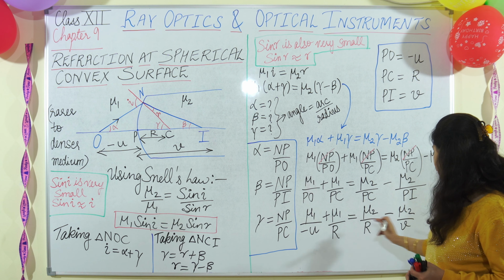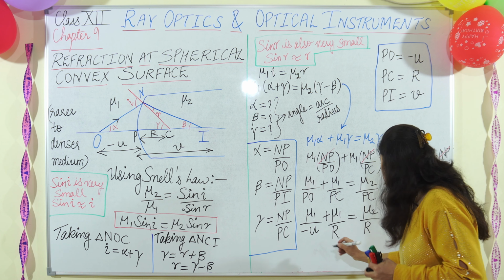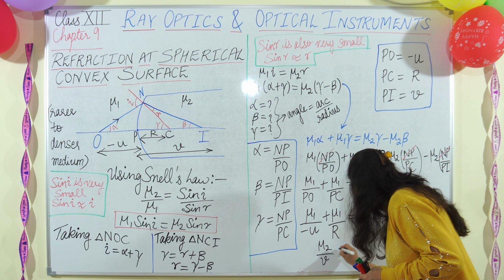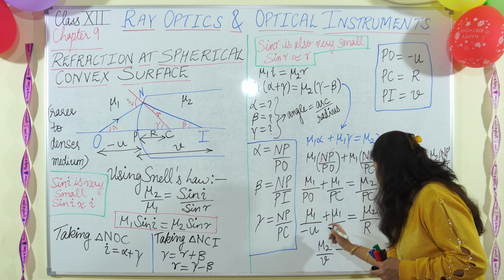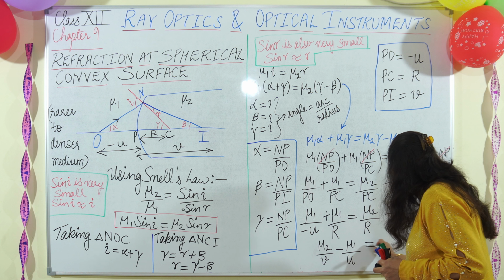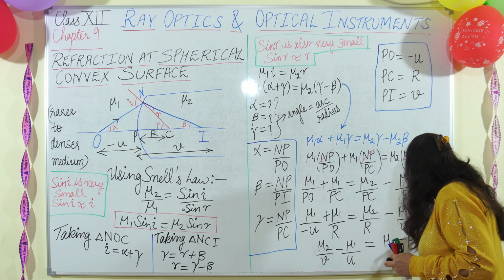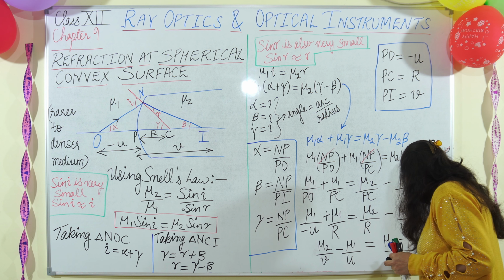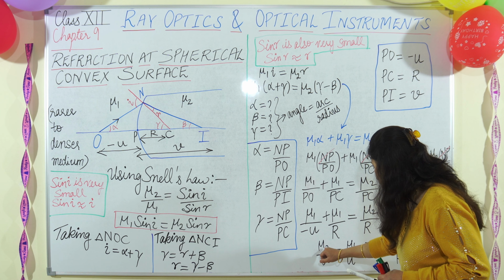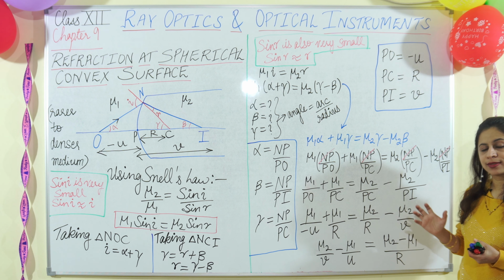It will become positive when this mu2 upon V goes to the LHS. So I'll be getting over here mu2 upon V minus mu1 upon U equal to mu2 minus mu1 upon R. So this is the formula for the refraction at the spherical convex surface.